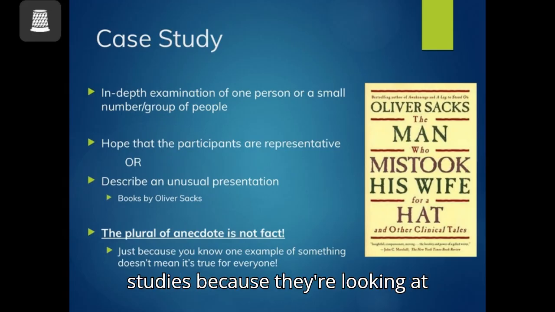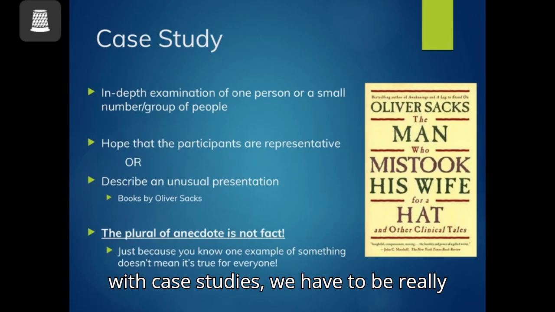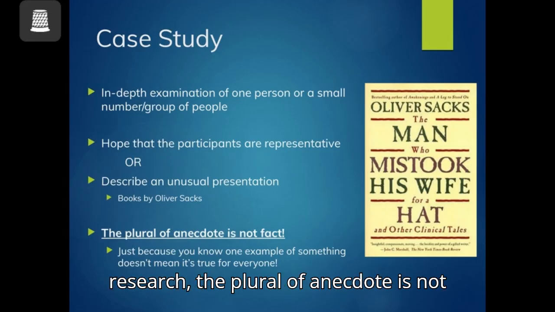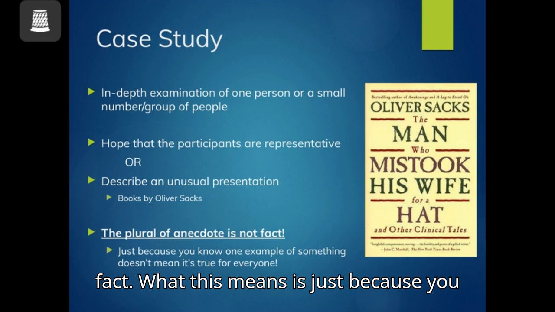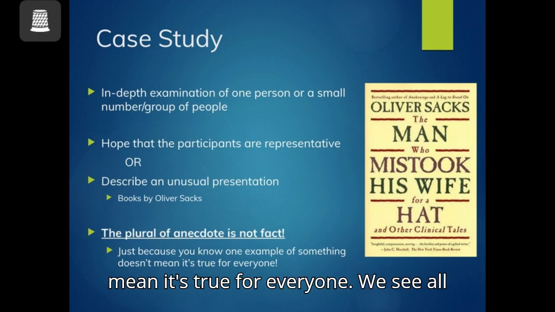So these are case studies because they're looking at unusual cases. Now, with case studies, we have to be really careful because, as we say in research, the plural of anecdote is not fact. What this means is just because you know one example of something doesn't mean it's true for everyone.